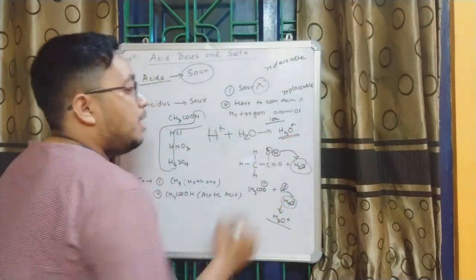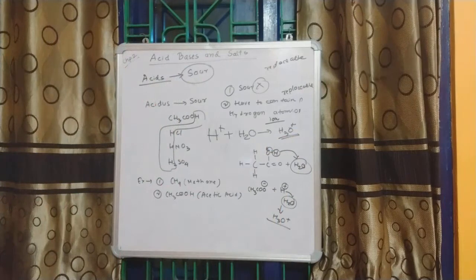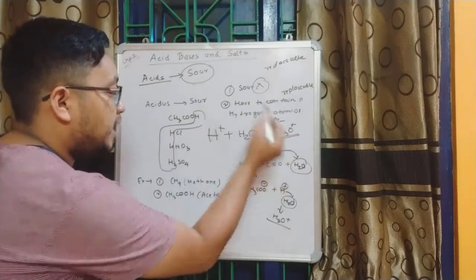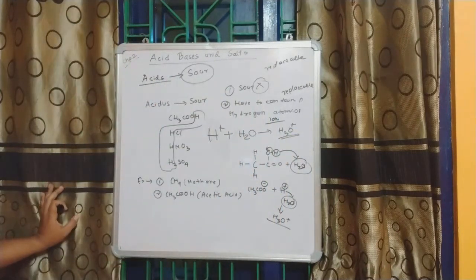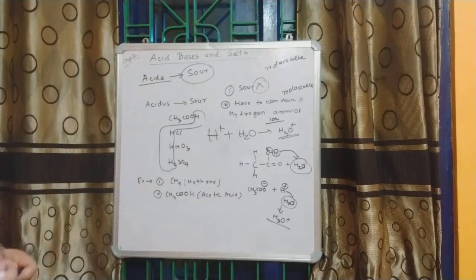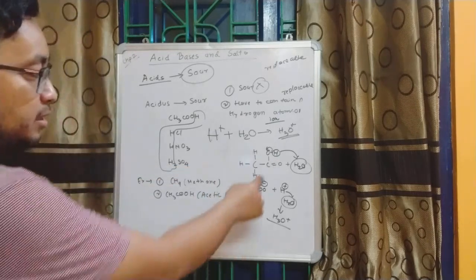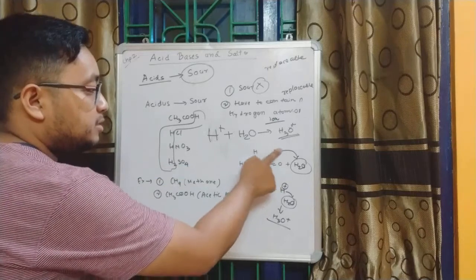This is called the hydronium ion. So proton always exists as the hydronium ion. Always remember. So what happens here? The thing that happened here is that this hydrogen is a replaceable hydrogen.